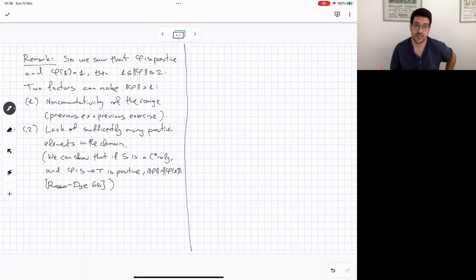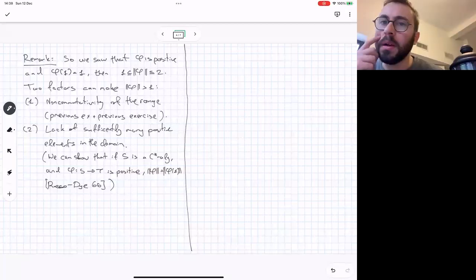And we said that what can go wrong is that the norm can be between 1 and 2. This is the worst case scenario, that it will be 2, but it will not happen unless there aren't sufficiently many elements in the domain, or the range will be non-commutative. So we should understand this remark.